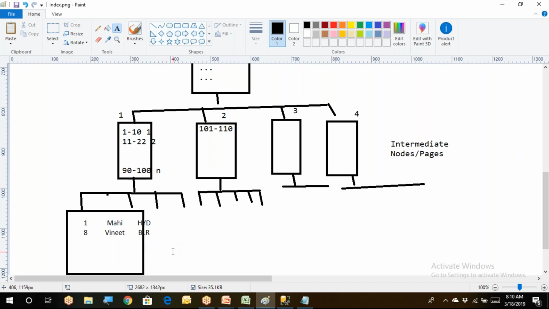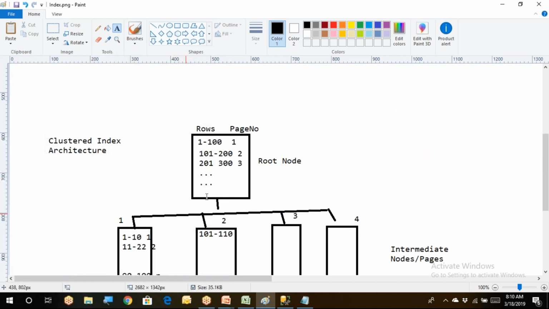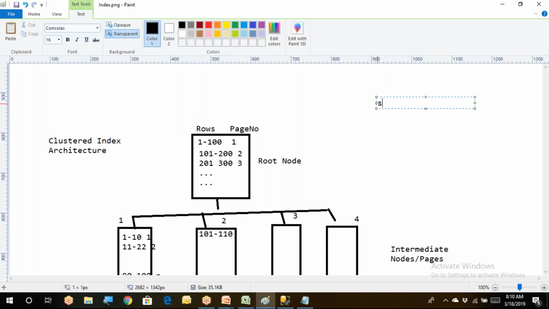For example, now I wanted to know, let me write a query. Select star from employee table where employee ID equals 8. I don't know where the 8 is. First, I will go to the root page. SQL Server is going to be routing the page. So will 8 be between 1 to 100 or 101 to 200?